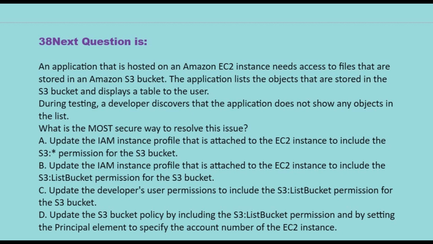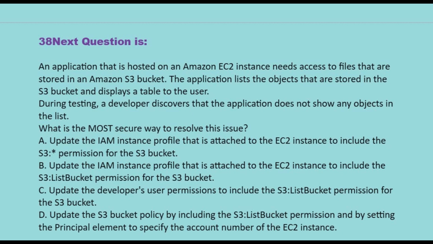Option A. Update the IAM instance profile that is attached to the EC2 instance to include the S3 permission for the S3 bucket. Option B. Update the IAM instance profile that is attached to the EC2 instance to include the S3 ListBucket permission for the S3 bucket.